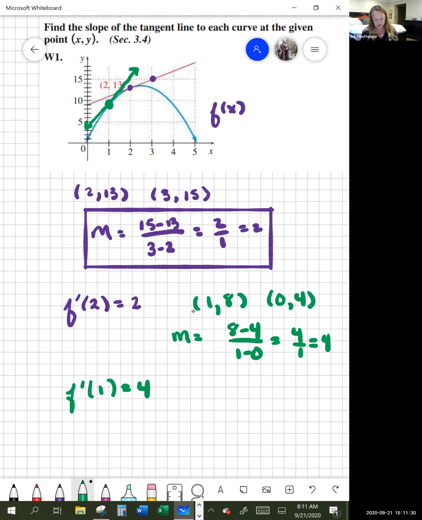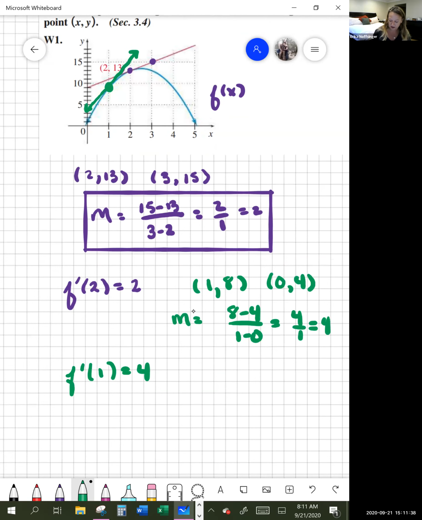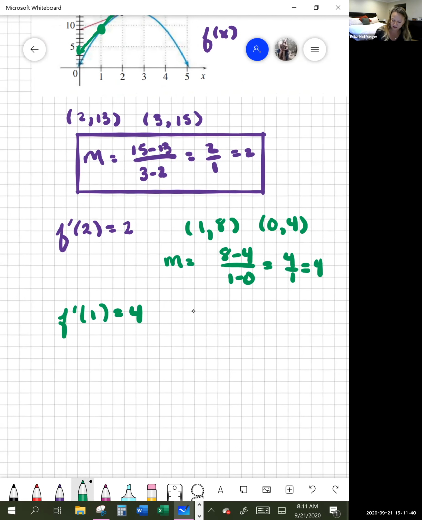So notice if our slopes are positive on our function, then on the graph of our derivative, our y value is going to be positive. So that means I have to be above the x-axis. So these are things that can be helpful when we're looking at a graph of a function and then trying to graph the derivative.